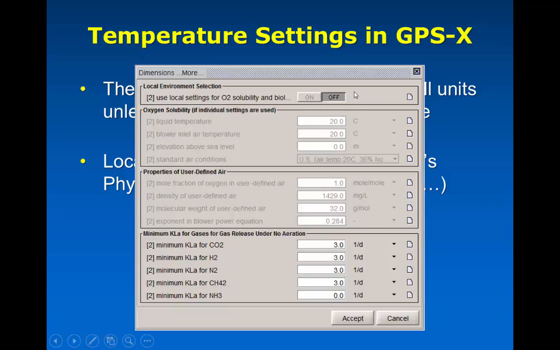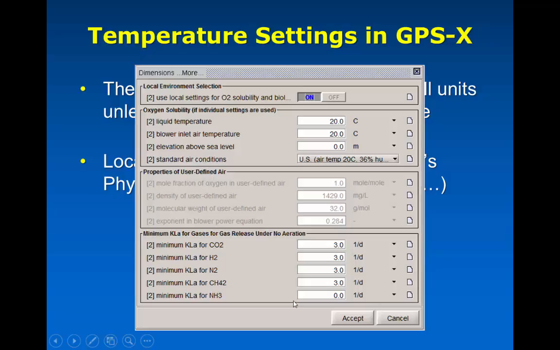And so you can see up here at the top that will be off by default, but if you click it on, then you'll see some settings that become available to you that are for this unit specifically, including the liquid temperature and the air temperature and elevation above sea level.